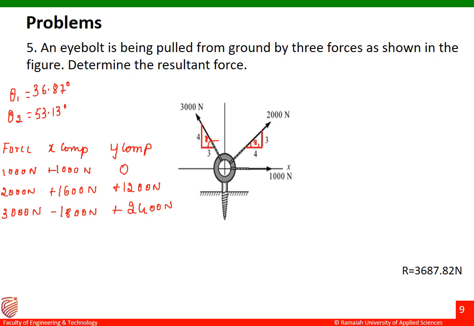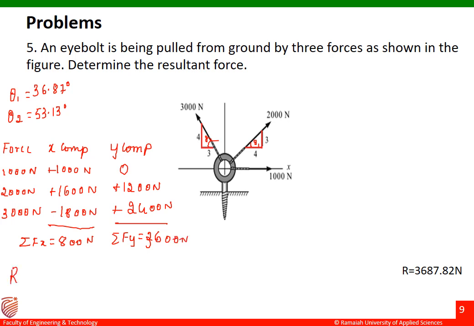Let us add all together and find summation Fx and summation Fy. Summation Fx is 800 Newton, and summation Fy is 3600 Newton.